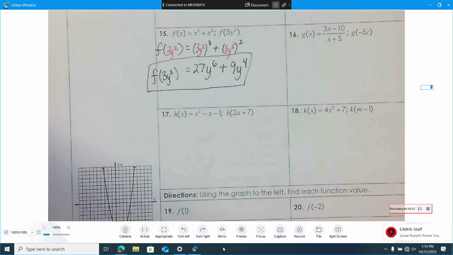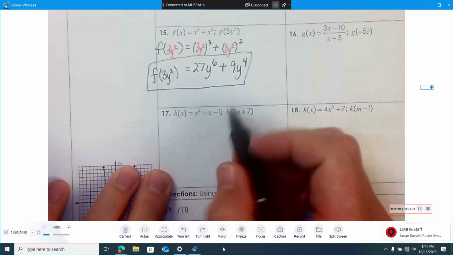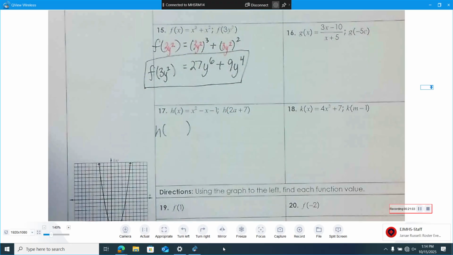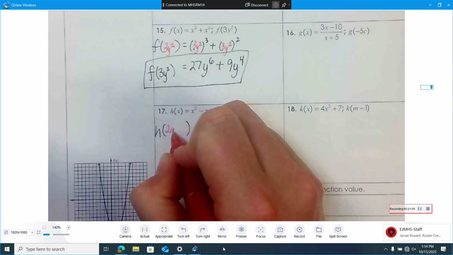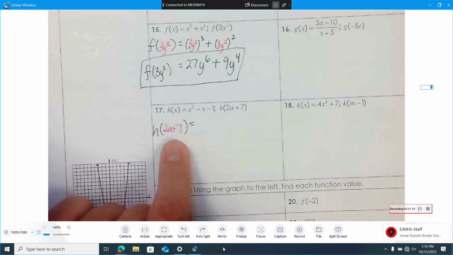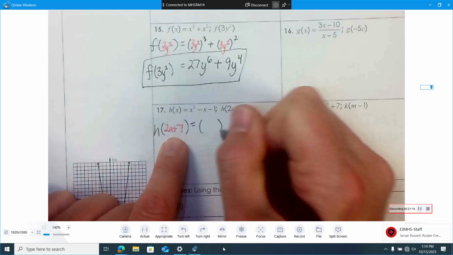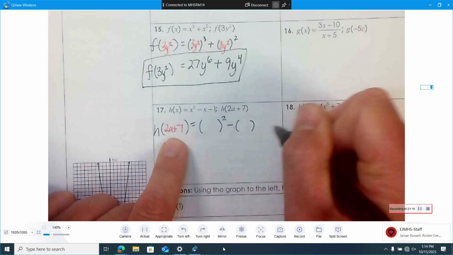Number 17 is really good. This is like week 1 of calculus, in case you're curious. This is what we do week 1 of calculus, right here. So we have h of 2a plus 7. What is this notation telling me to do? Replace the x.